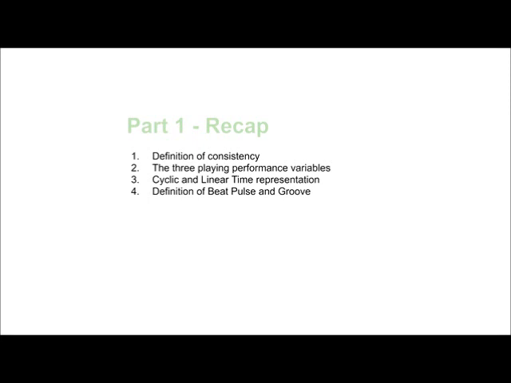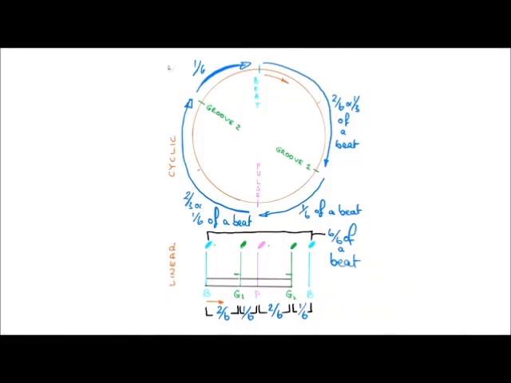The pulse is halfway, and groove are the other 2 notes. Let's go back to that last diagram just to confirm that. We've got our beat at the top, and our pulse at the bottom, exactly halfway between the beats.